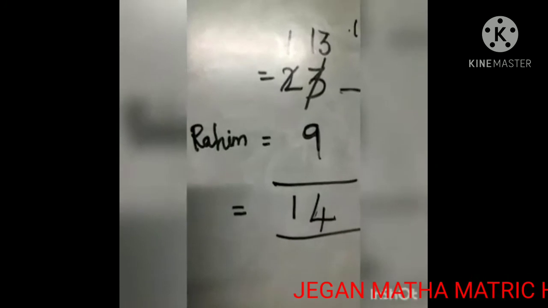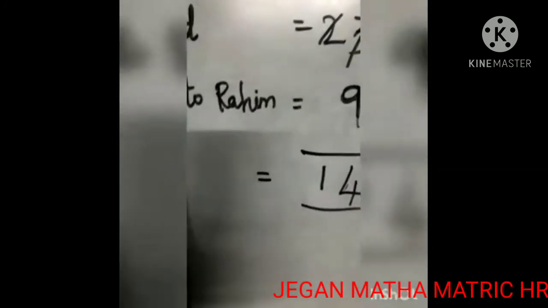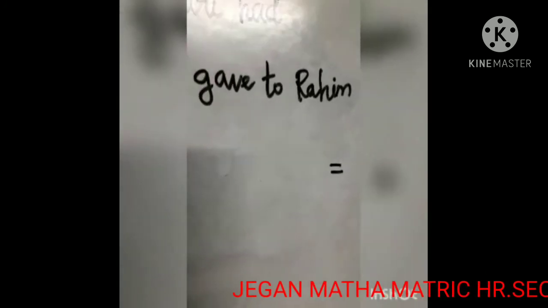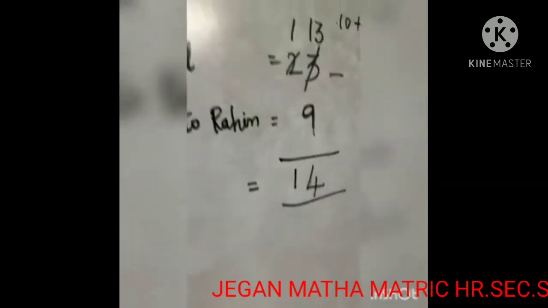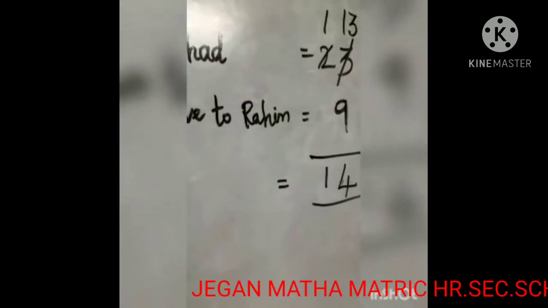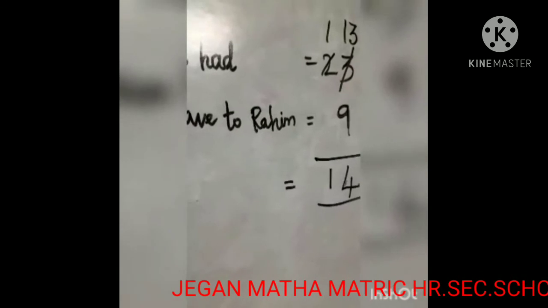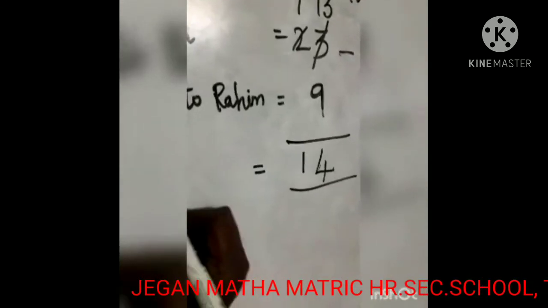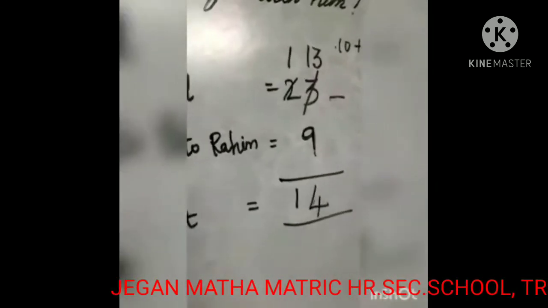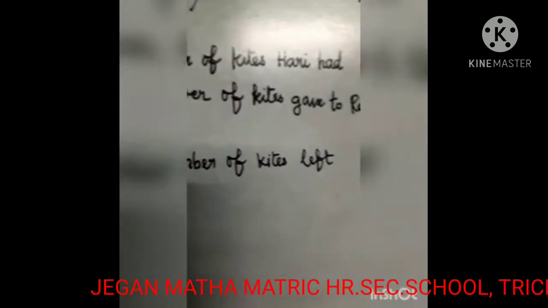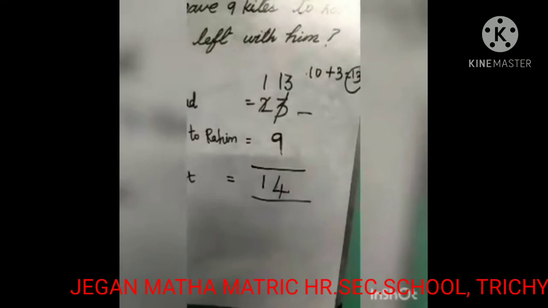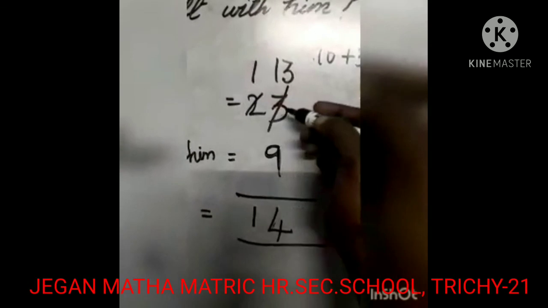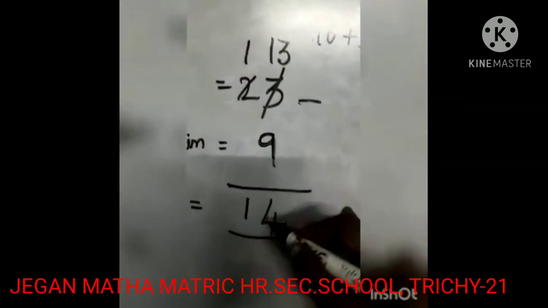Number of kites left is 14. Look at this deeply. How many kites left? Number of kites left is 14. From this 23 we cut 9, so we get 14.